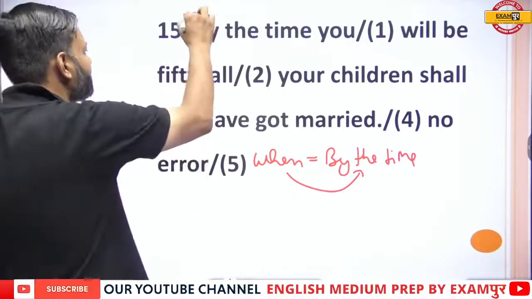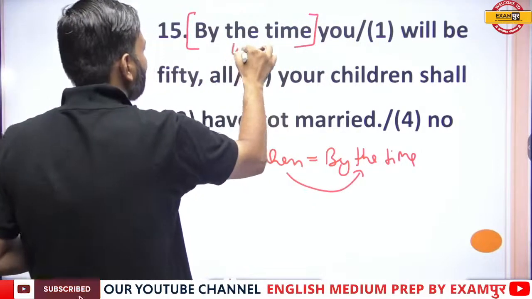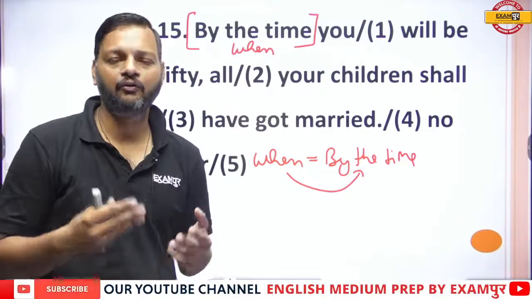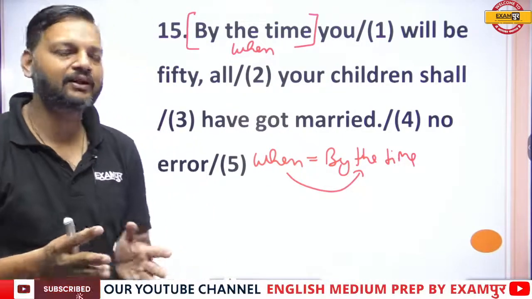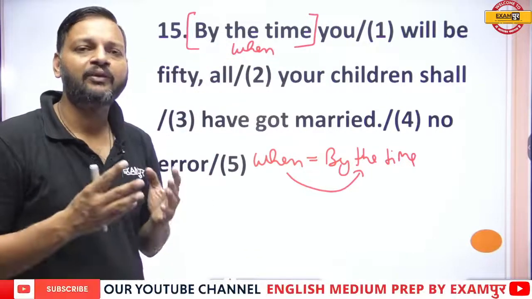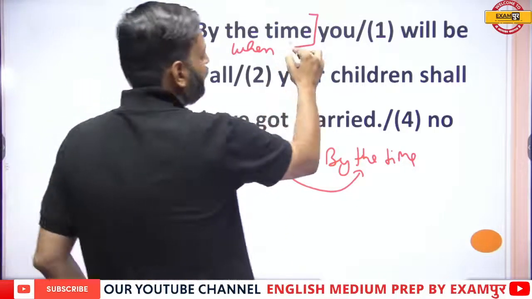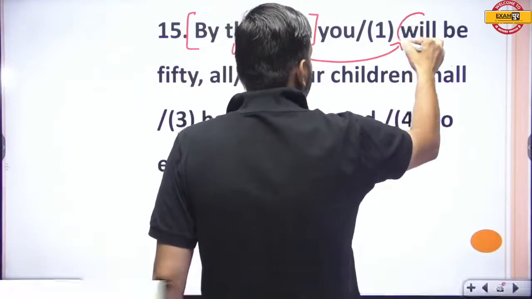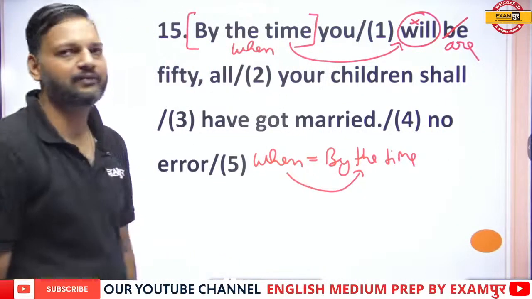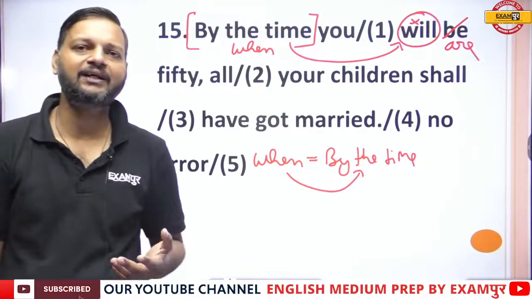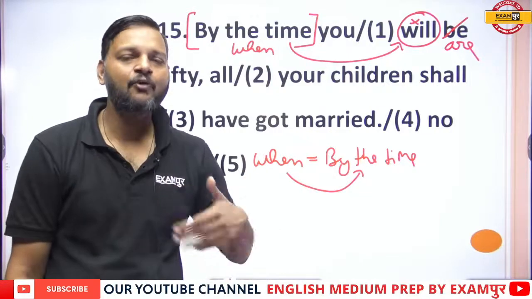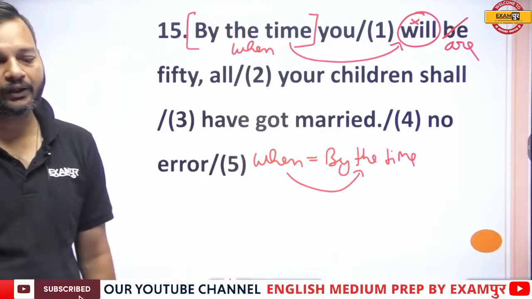So by the time is the synonym of when. Since by the time means when, it also becomes a subordinate conjunction which cannot be followed by will. So here you have to remove will and change be into are. By the time you are 50. So we have changed the future indefinite tense into present indefinite tense because by the time is a subordinate conjunction which means when.